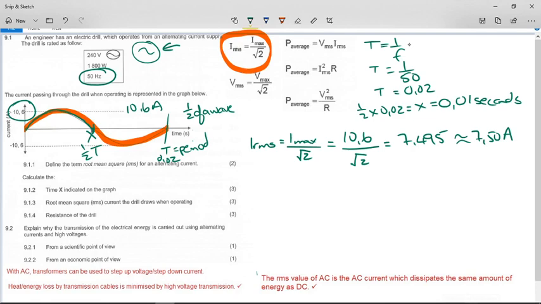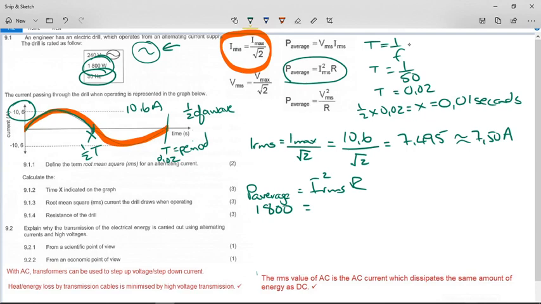Then it says to you, what is the resistance of the drill? If we're going to find the resistance of the drill, we have to use this power rating that is given in the question. And so I like to use the power rating and the current off the graph. So I'm going to use this formula here, that P average is equal to I rms squared times R. Remember, if you do not write out the correct formula that is on the data sheet, you will not get the marks. If you just go P equals I squared R from the normal current things, you will not get the marks.